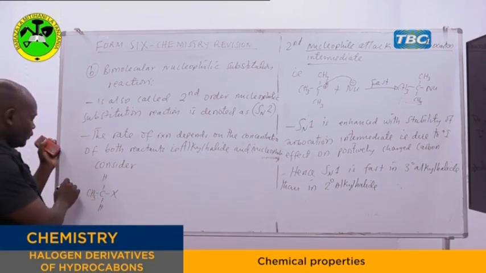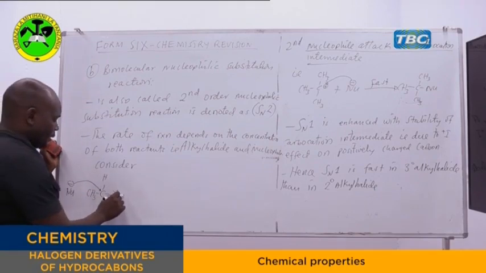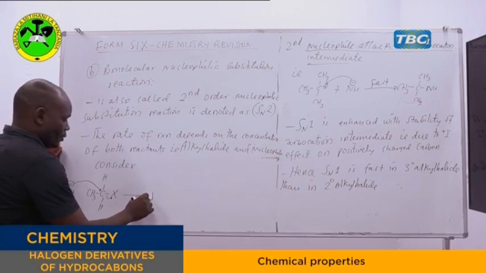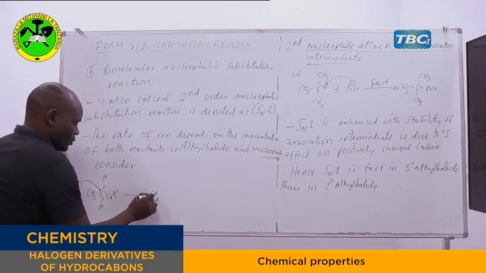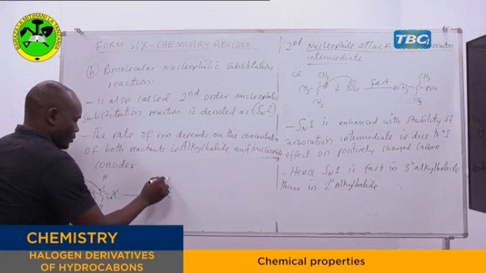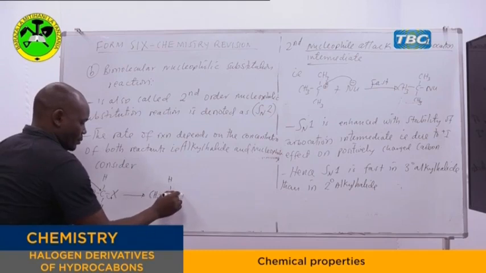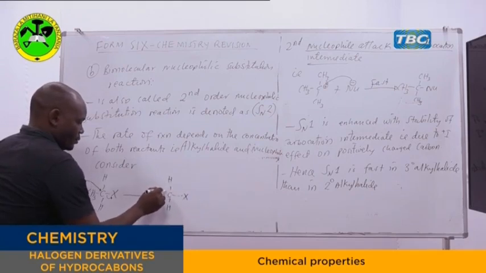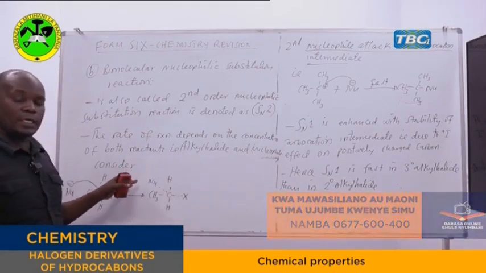So the nucleophile now will attack this carbon, resulting in the formation of this intermediate product, which is called the transition state.